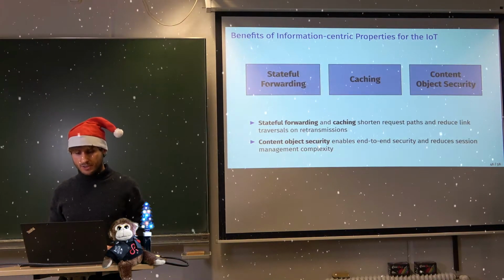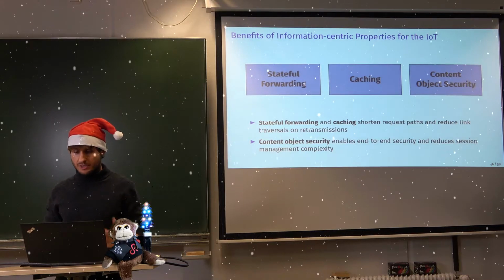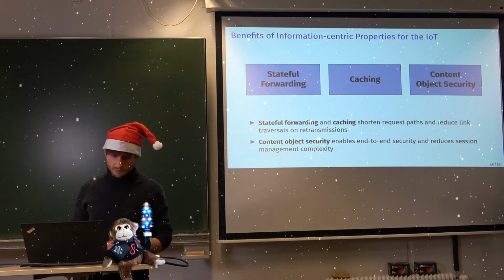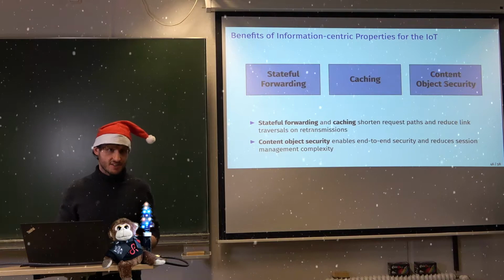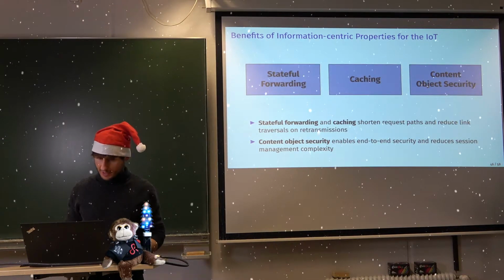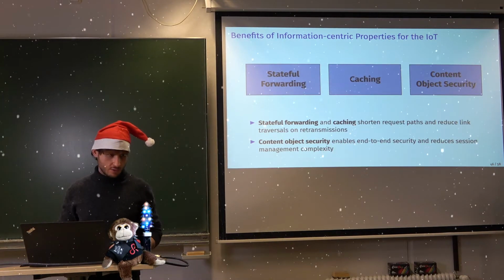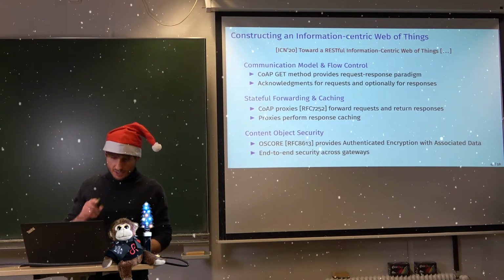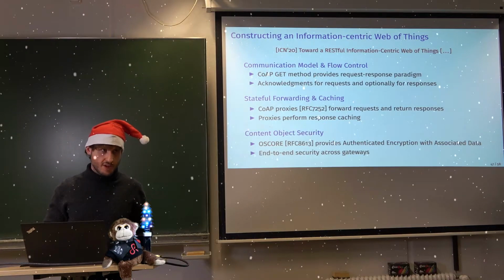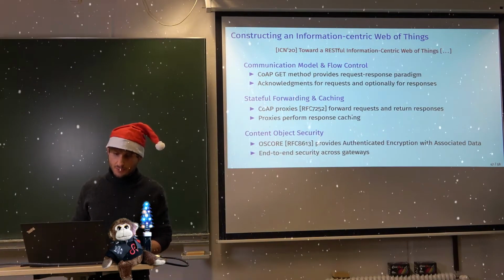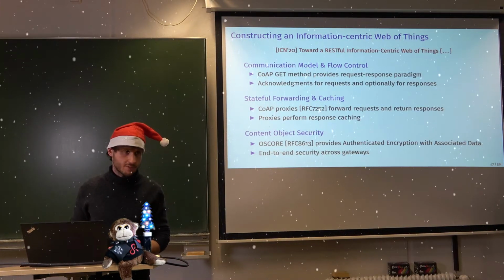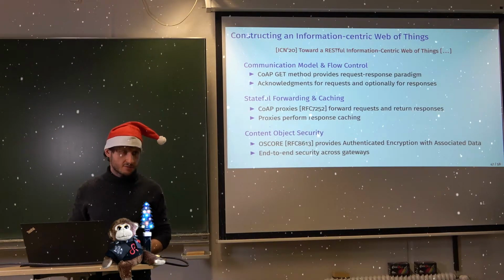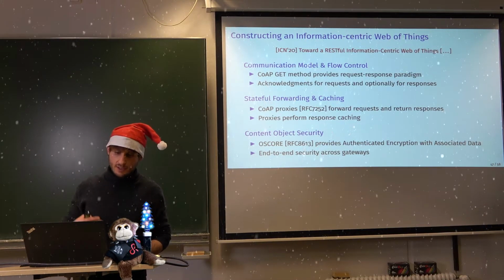And content object security enables end-to-end security without handling sessions, especially if we lose packets. You can see more on that in our ICN20 paper, but I will outline this here briefly.